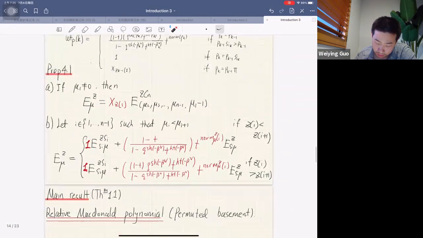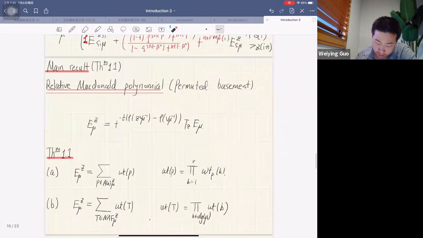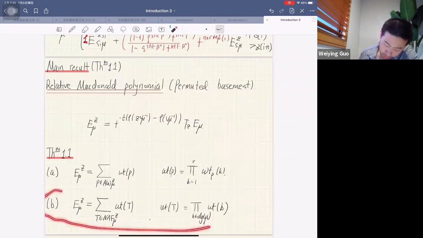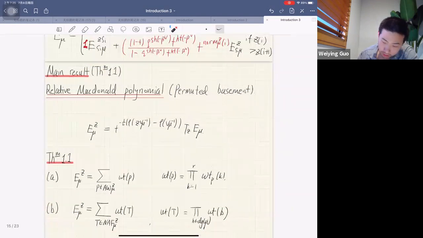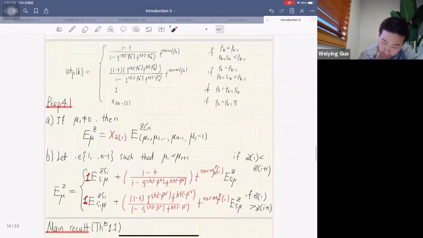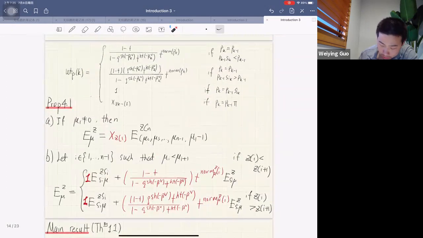So if not, we should proceed to the second part of our main theorem, which is the box-by-box recursion. In this case, we look at a step-by-step recursion where each time we are doing a step. So in terms of intertwiners, we are just doing an si in this case, and in this case, we are doing something like a pi.